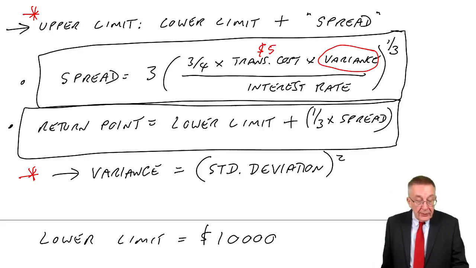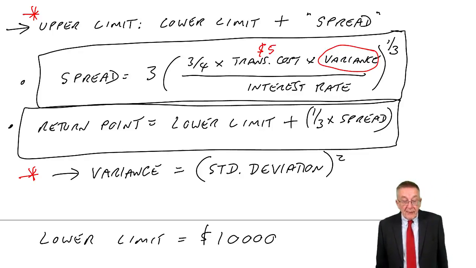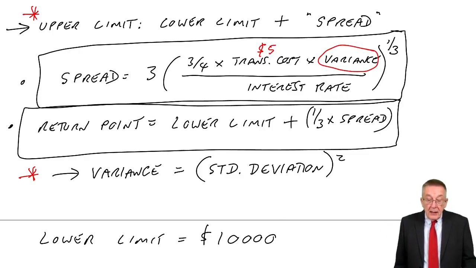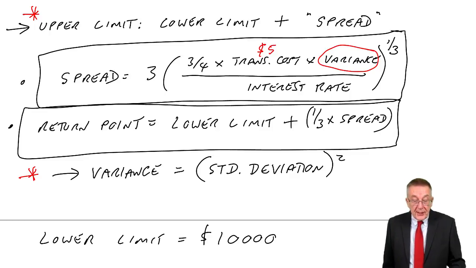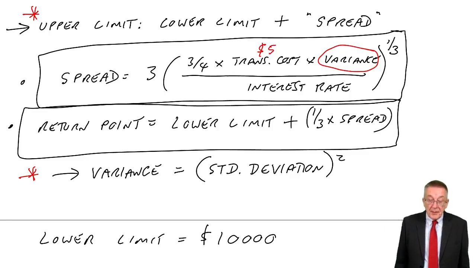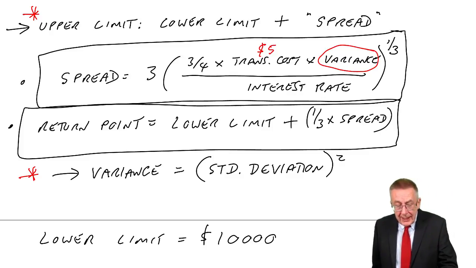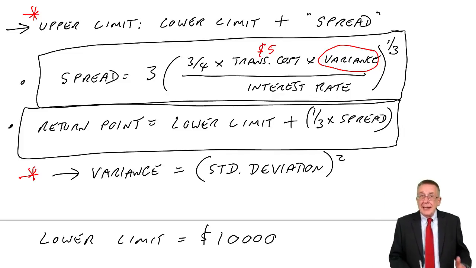Finally, the interest rate is 5.11% per annum. If you divide by 365, it's 0.014% per day. This is the exact question the examiner asked.